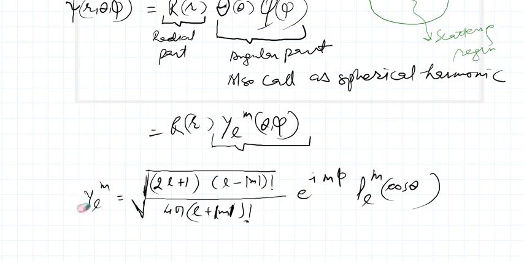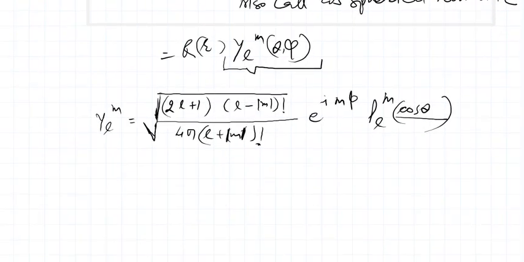And what is P_L^m(x)? If in place of this I use a simple variable x, then how can we write this P_L^m?